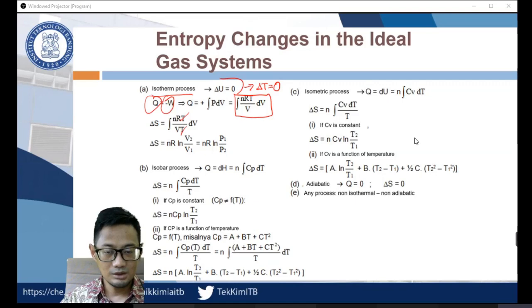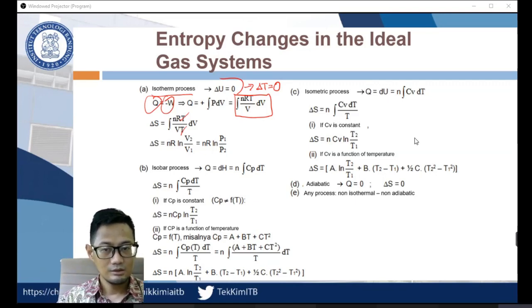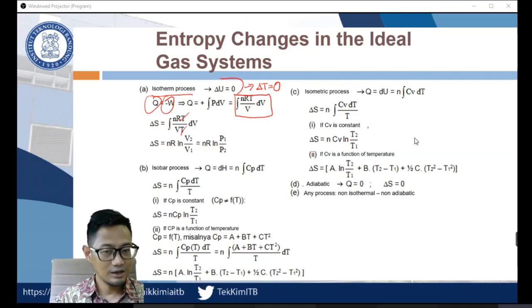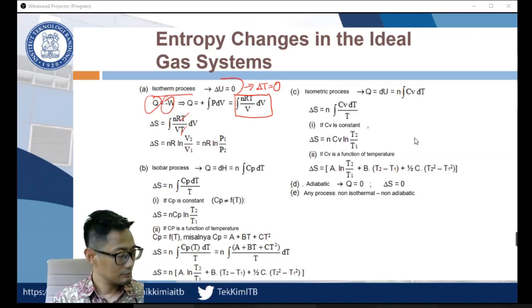So the result would be delta S equal to nR ln V2 by V1. Or we can replace the volume ratio by P1 by P2. Okay, please remember for isotherm, P1 V1 is equal to P2 V2.